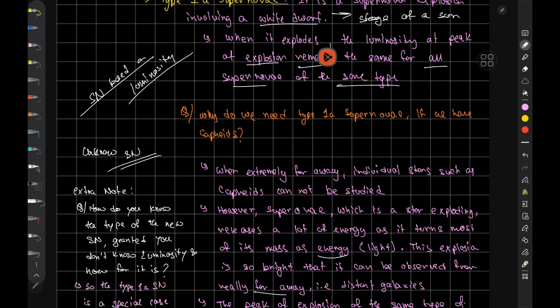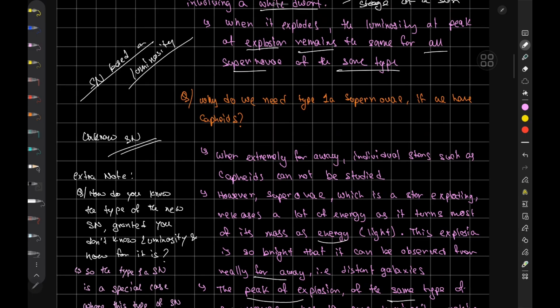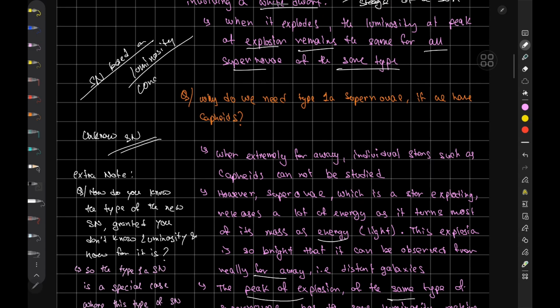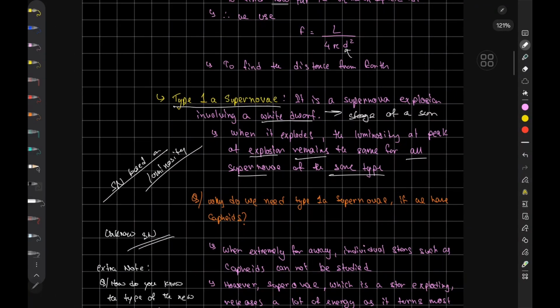For one thing, the assumption that the same type of supernovas have the same luminosity is a blatant lie and wrong. Although it is written in the syllabus and over here, it is not incorrect. The way they have put it is not incorrect, because they have said it with respect to a specific type of supernova, which is type 1a supernova. So that is correct.